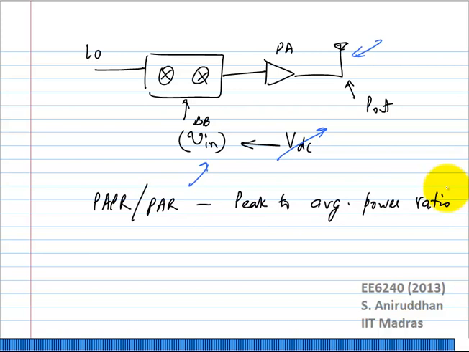However, if your system is not linear enough, when the input signal transitions to its peak value, your transmitter might clip it. Okay, and it will look very non-linear. So your transmitter is built for a certain average power, but it should also be able to handle the peak power. So when you say the average power at the output of the PA, or the RMS power, is 20 dBm, the peak power may be higher. Understood?